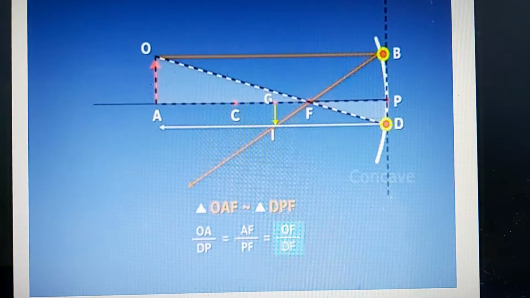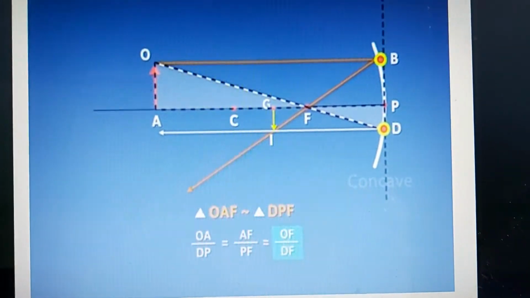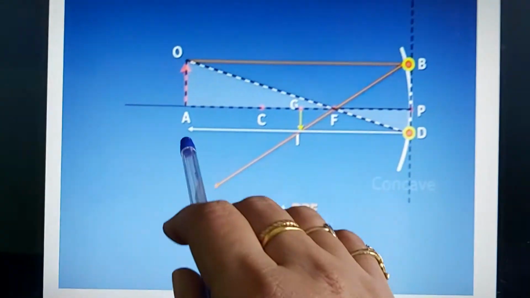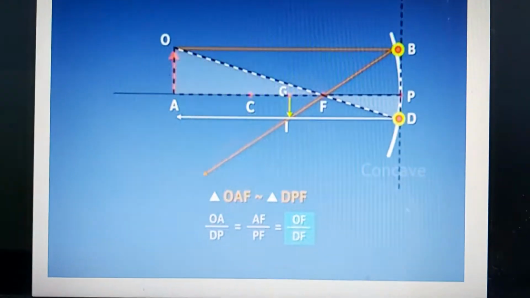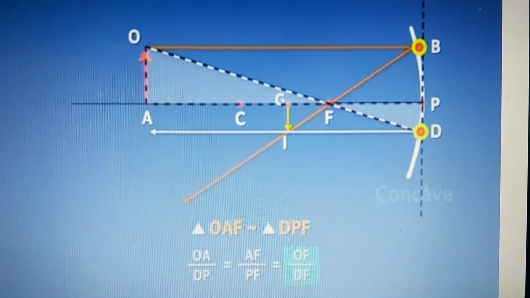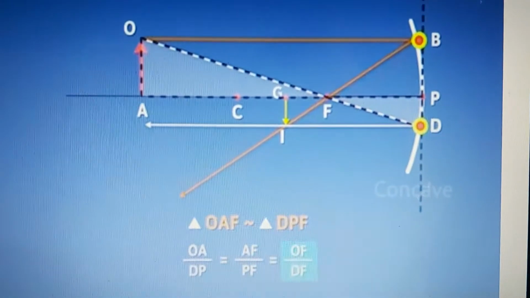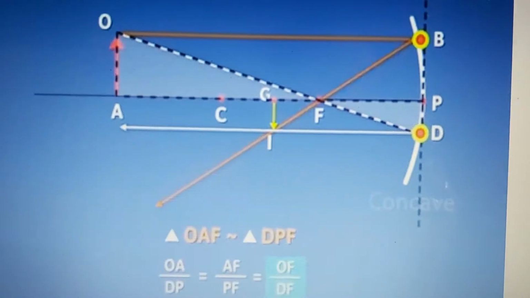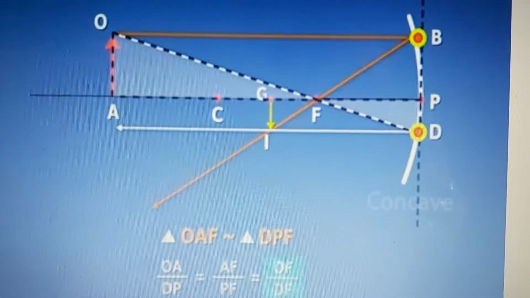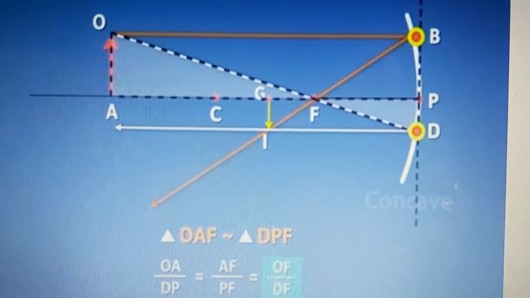And from the top of the image, draw a parallel line again to the tangent at point D. Note that points B and D are not on the mirror. They are on the tangent which is drawn at point P. But in reality both the points are very close to each other.